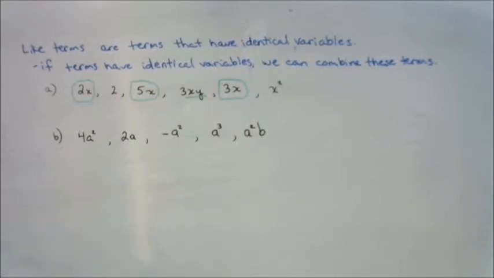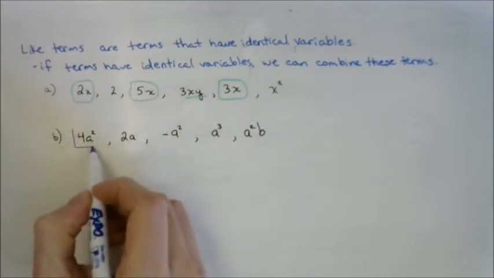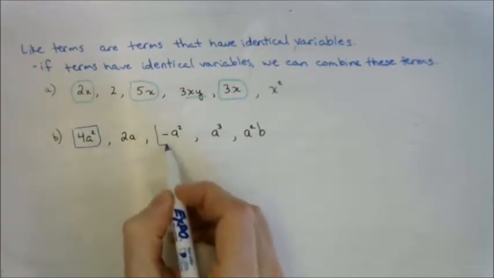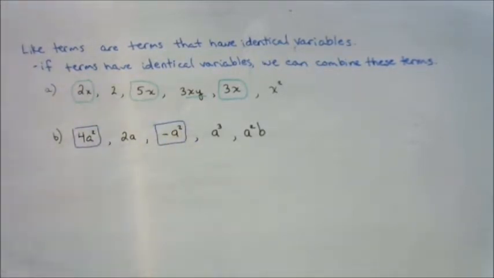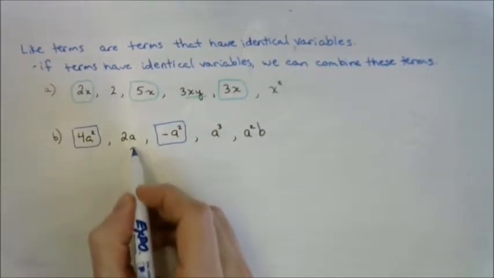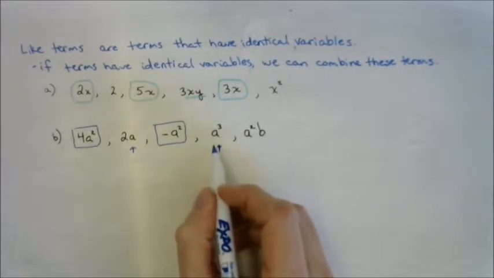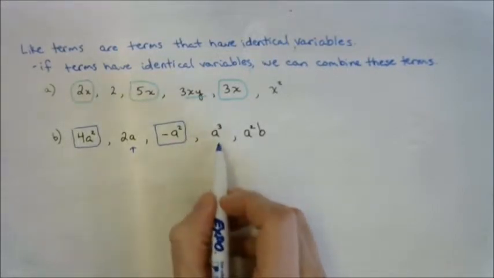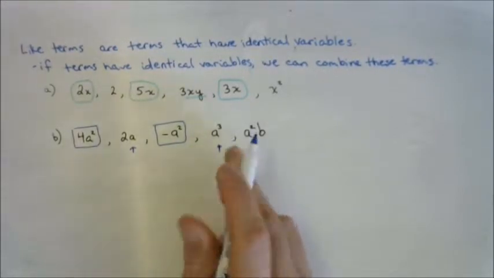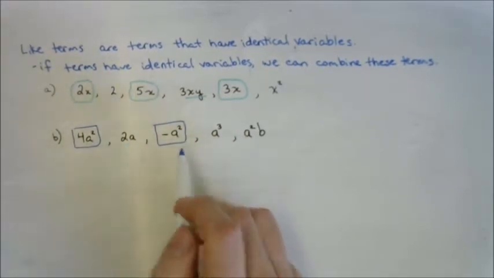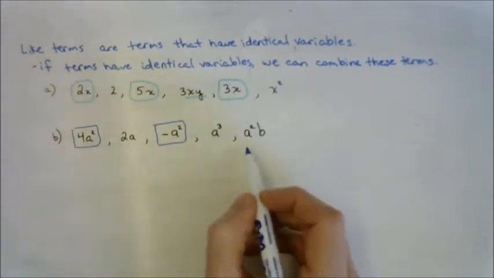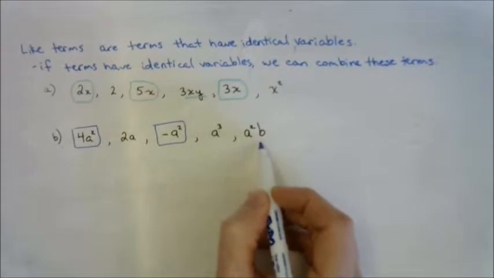Olivia. You got 4a squared and negative a squared. Nothing else gets added to the list. Yes, this has an a in it, but a squared is different from a. This has a cubed, so it actually has a factor of a squared in it, but it's not the same. It's different again. If it has a different degree, it's a different variable. And this guy has a squared in it, but he also has a b.